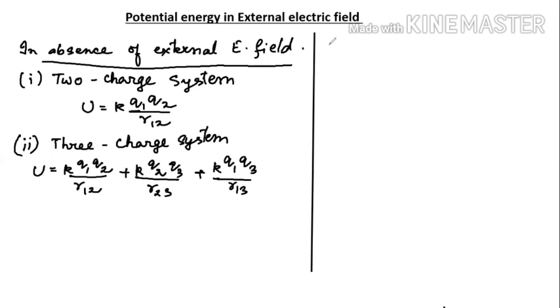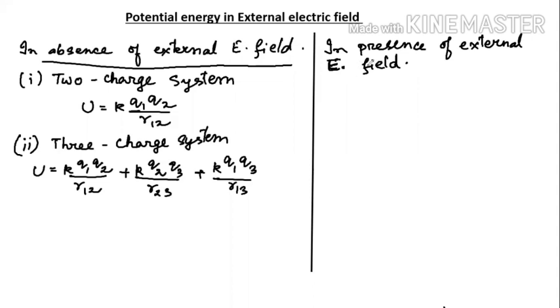Okay, but what if we assume that you are having a certain electric field? So this is our second case, in the presence of external electric field. When you allow an external electric field, certain extra work done comes across. Due to the presence of external electric field, at every point you will have a certain different potential, and those potentials will be due to this electric field.